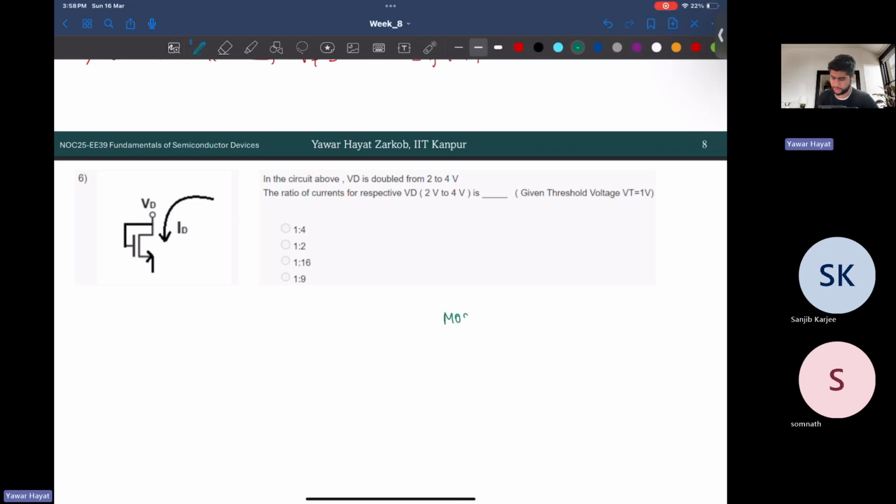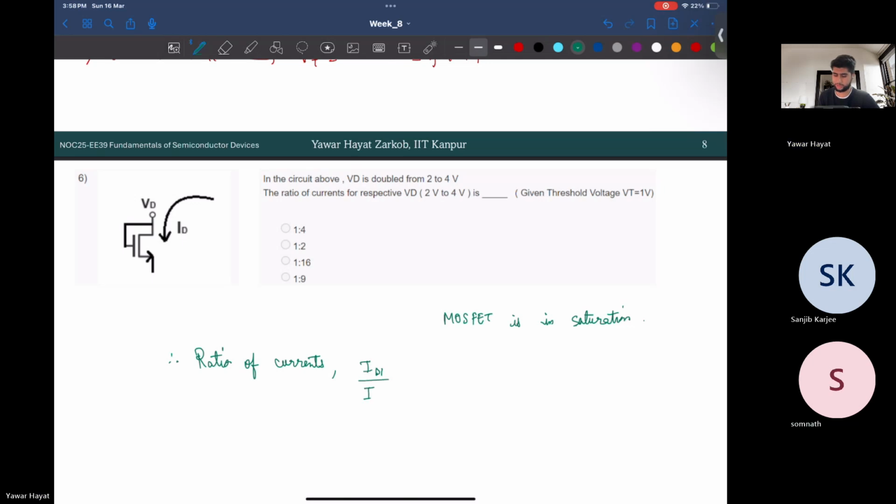A MOSFET is in saturation. Reason is your gate is connected to drain, and we saw why that is. So therefore, I'll directly write the ratio. The ratio of currents, right?